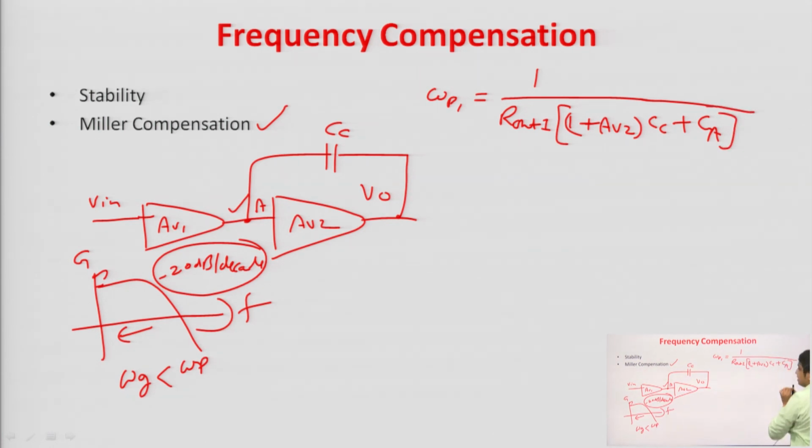Now, what is this C a? This C a is the capacitance at node A before the addition of this compensation capacitor C c.